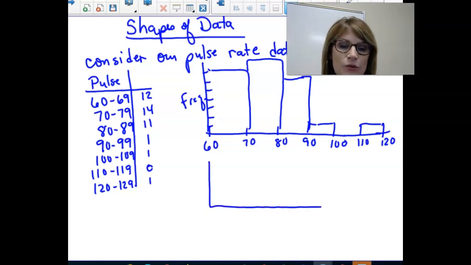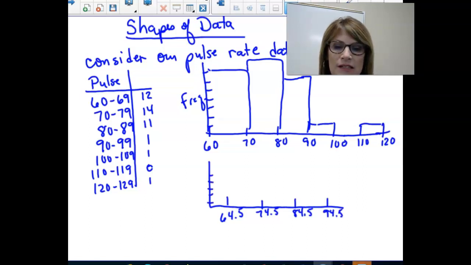Another way that you will see this written is with midpoints. They'll put the number that's in the middle: 64 and a half, 74 and a half, 84 and a half. And you'll get the same thing.